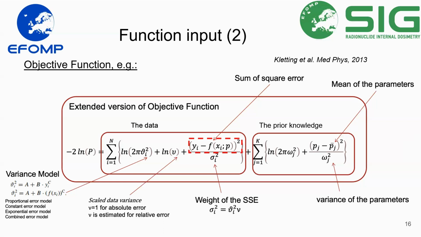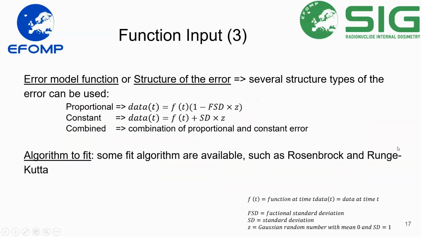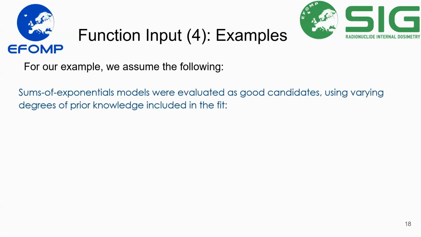So we can add the information of the mean parameter and also the variance of the parameter in our model. The error model function, or structure of the model error, can also be used as we already discussed before. For the fit algorithm, some are available, such as Rosenbrock and Runge-Kutta. So it depends on your aim.